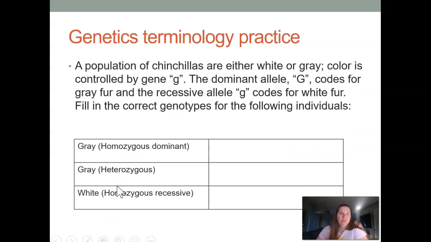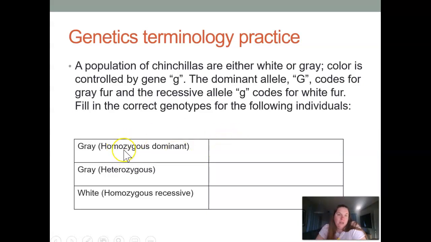All right, so go ahead and practice writing down the genotype for each of these. What are they? Chinchillas. If we have a chinchilla that's gray, and this gray chinchilla is homozygous dominant, that means it's going to have two capital G's in its genotype.